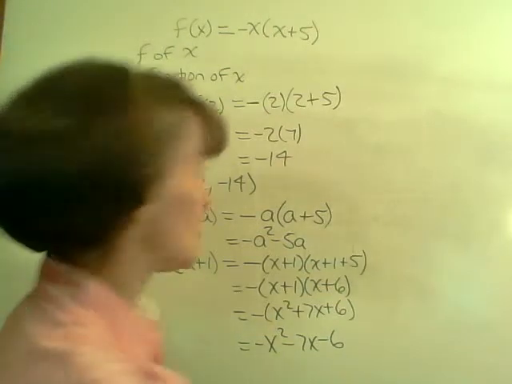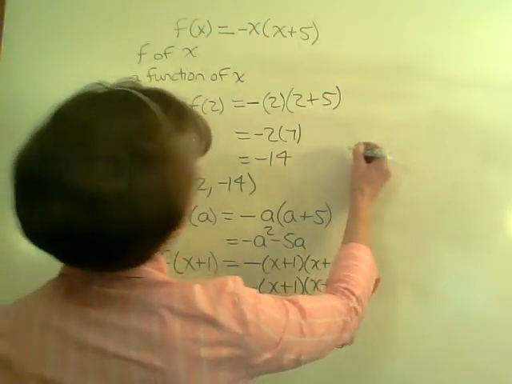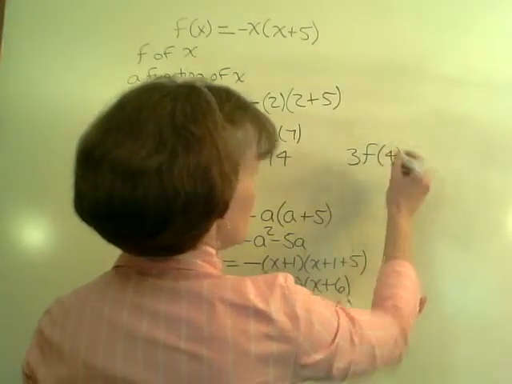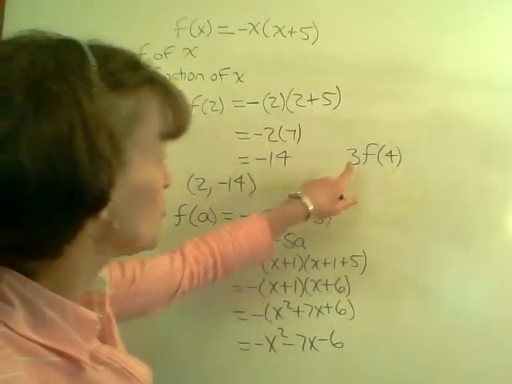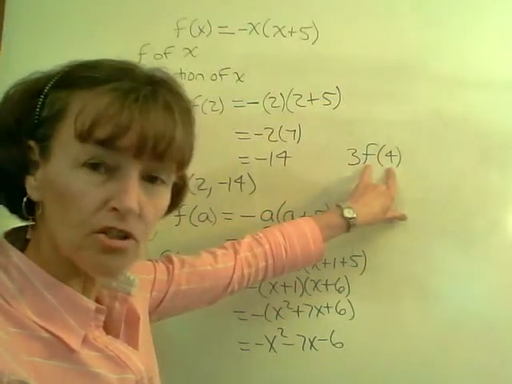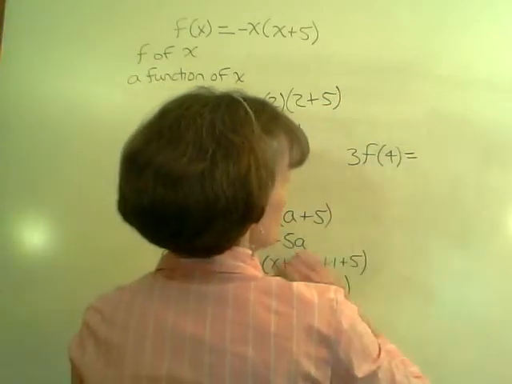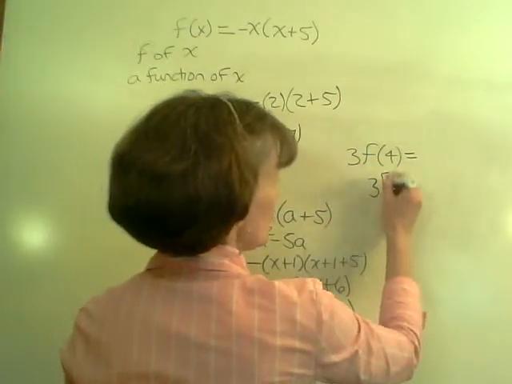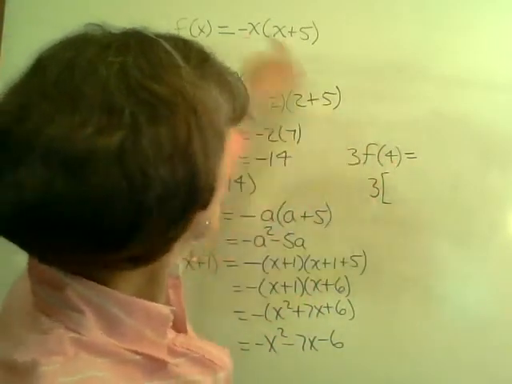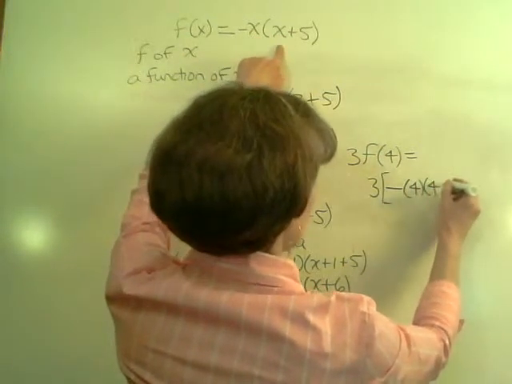All right, well, let's suppose, one more thing, that we want to have a number on the outside, like 3 times f of 4. What is that? Well, this means that I'm multiplying 3 times my function when x is 4. So first, I want to find out what my function is when x is 4, and then I want to multiply 3 times that. Well, my function when x is 4 is negative, and then I put my 4 in for x, everywhere that x appears.